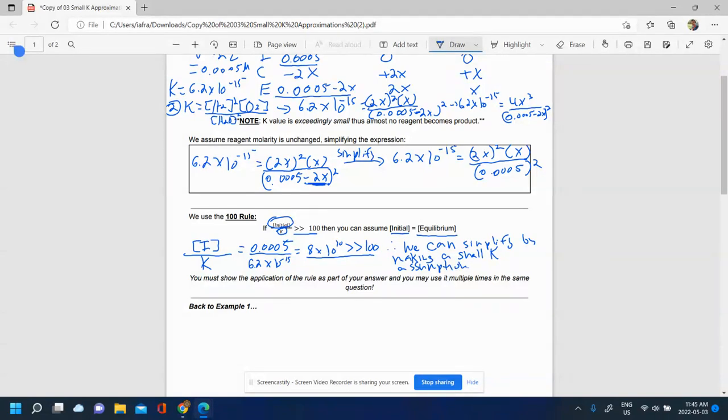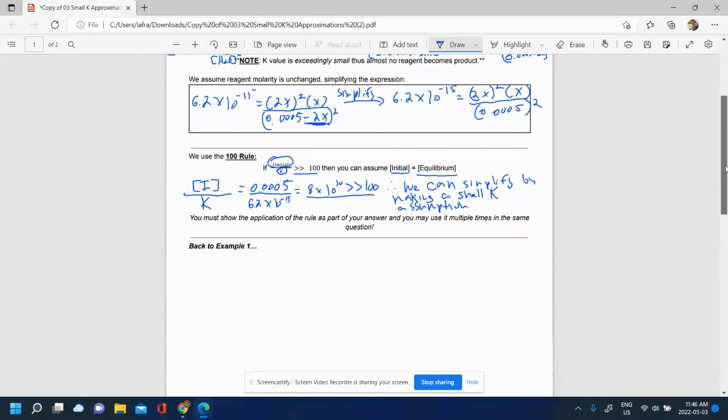So if you plan on simplifying because you don't want to use a quadratic formula or it's just too complicated to find x, you need to show me that you can simplify. You have to justify that. So you need to say, based on my initial over my K, I get a ratio that's much higher than 100. Therefore, I am able to simplify this. And so I'll continue the rest of the problem by simplifying.